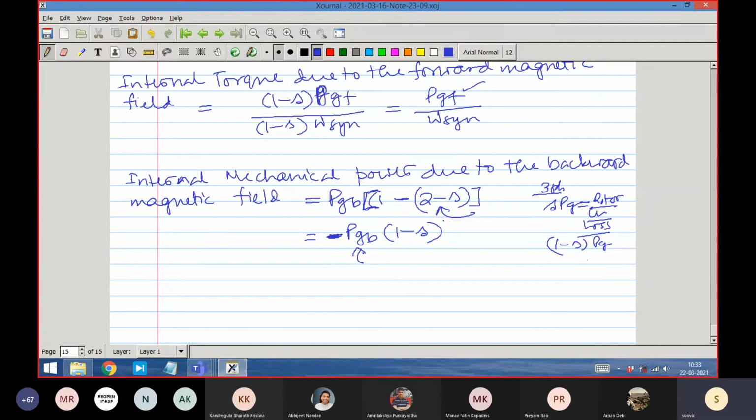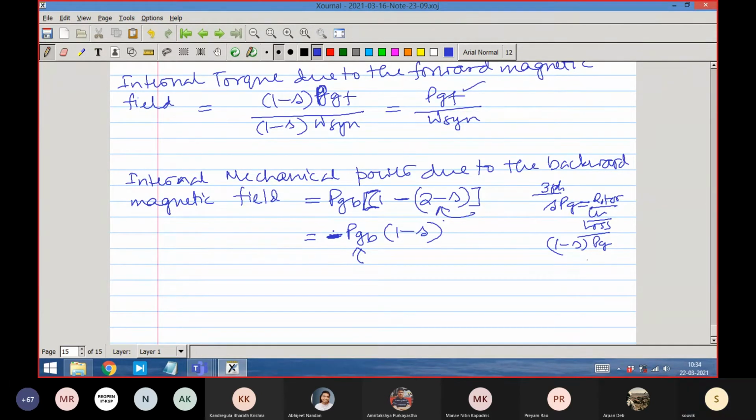Air gap power that is entering the rotor is positive. But the power that is available for production of torque has changed sign. Why has it happened? Positive power has entered, but the power available for the production of torque is negative.